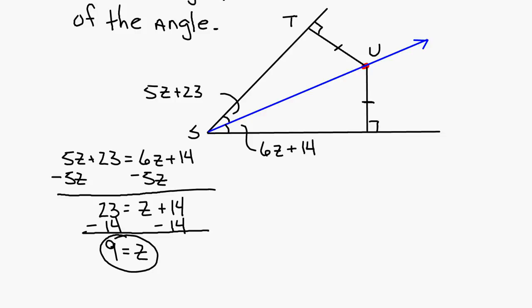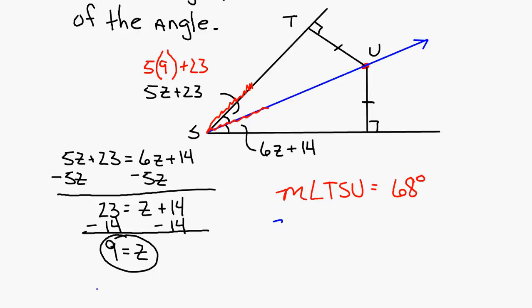If 9 is equal to z and they need this angle, TSU, then you take the 9 and you substitute it for the z. So you would have 5 times 9 plus 23. So the measure of angle TSU equals 5 times 9 plus 23, 68 degrees.